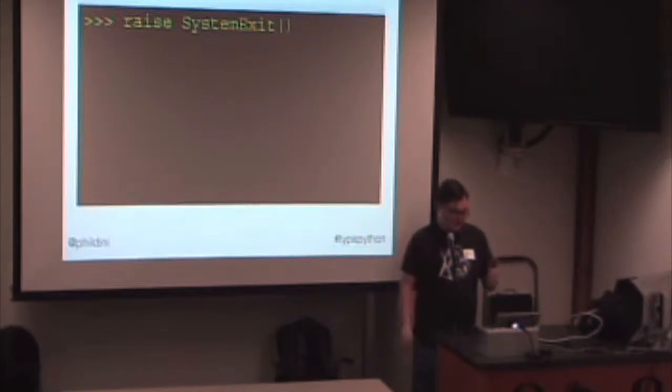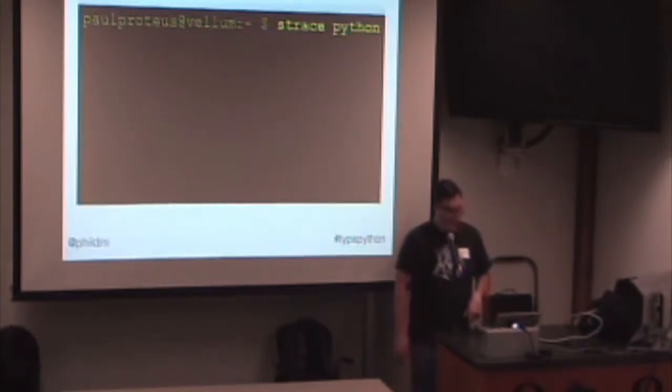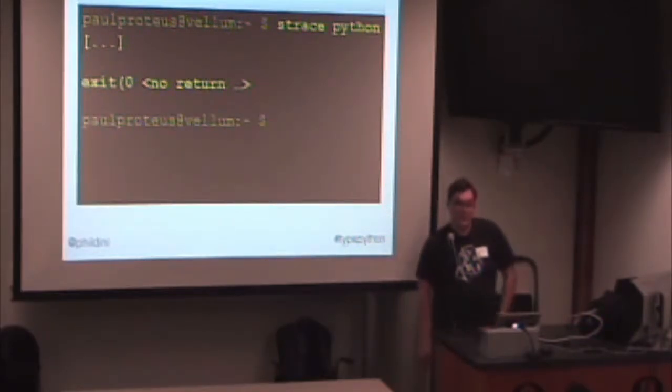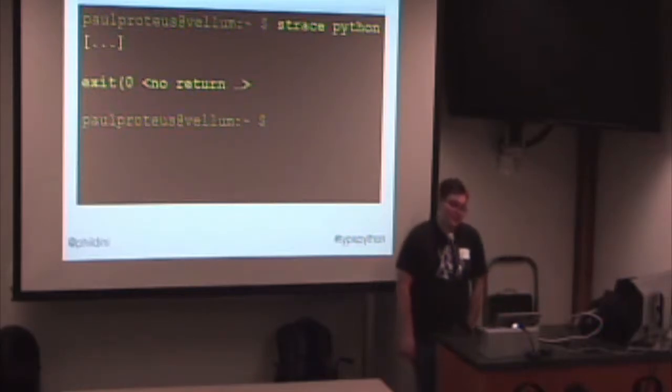Hopefully all of these are a little familiar. And if we go back to stracing Python and skip a bunch of input, above there would be our read 0 to read 0 plus, etc. All 3 of those are going to result in an exit code of exit 0, no return. It's just done, and you get dumped back into the shell, which you can do because you're not running in the original process, you're running in the forked process.